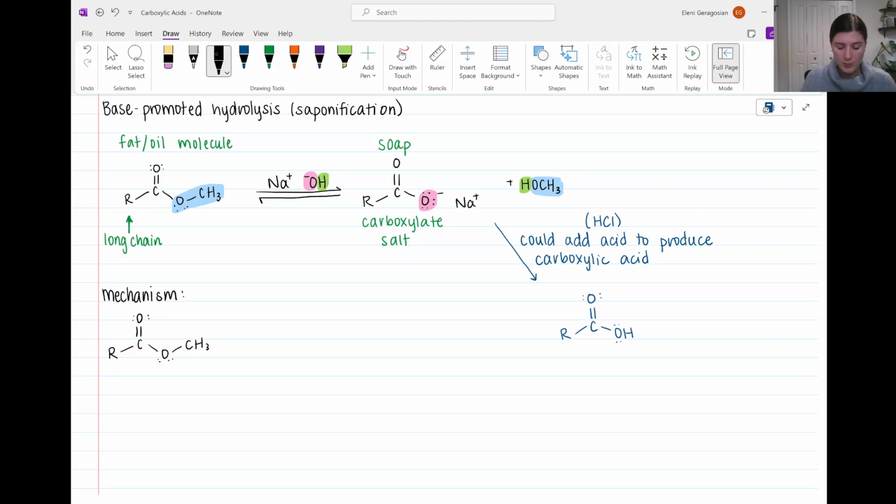And then when we're in the presence of a strong base like hydroxide, that negatively charged oxygen is a strong enough nucleophile to directly add to the carbonyl carbon. There is no acid present, so we're not activating the carbonyl by protonating the oxygen, since this is in basic solution. So really what we're doing here is immediately doing nucleophilic addition to add that OH group to the carbonyl.